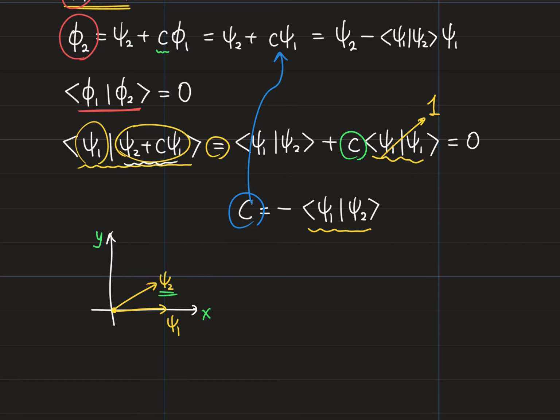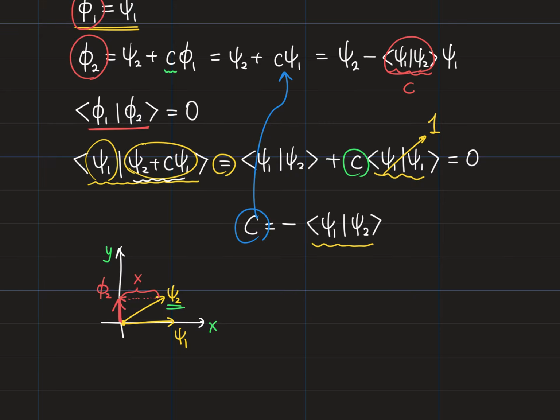That means we are going to remove this x direction. That means the new function P2 should look like this. So how much of the x direction, how much of the component x should be removed? This is determined by the constant c here.